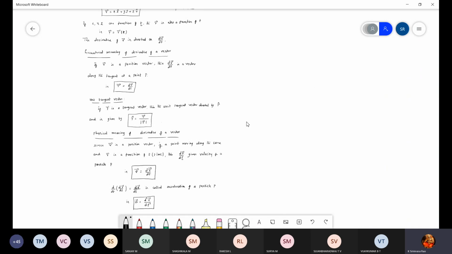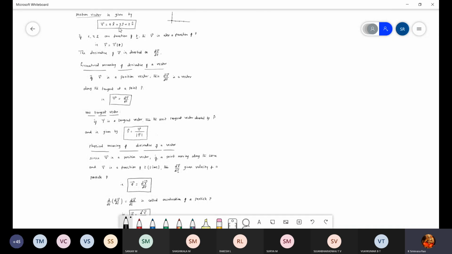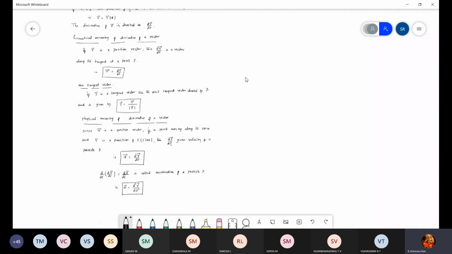Basically, r is the position vector x i cap plus y j cap plus z k cap. You have to substitute x, y, z in terms of t and differentiate one time according to the question. If they ask tangent, dr by dt gives tangent. If they ask velocity, same dr by dt gives velocity, and if they ask acceleration, you differentiate one more time.